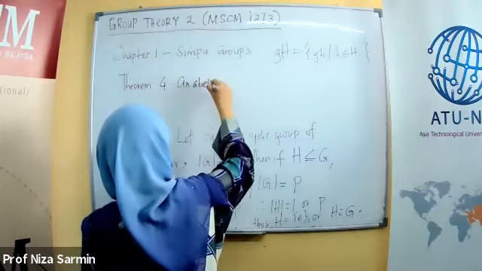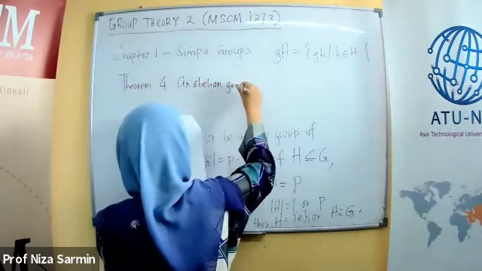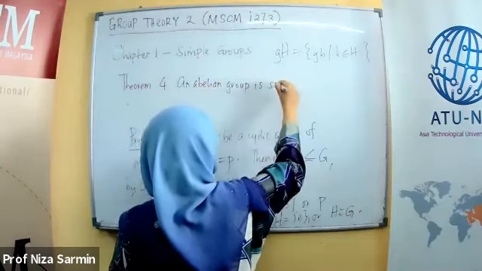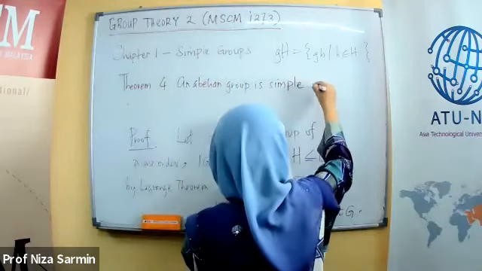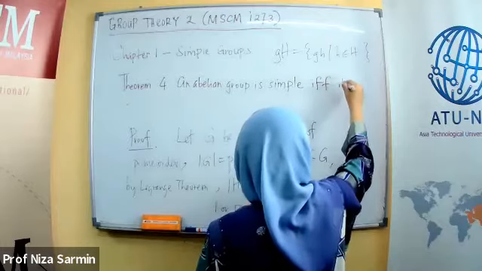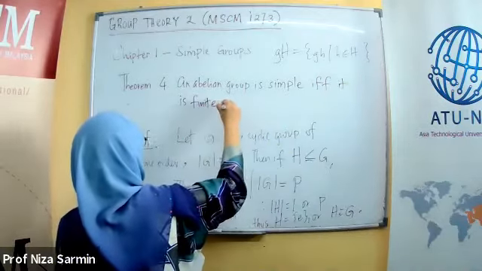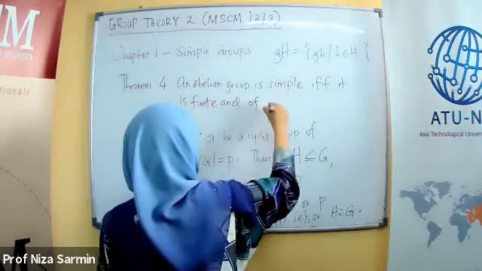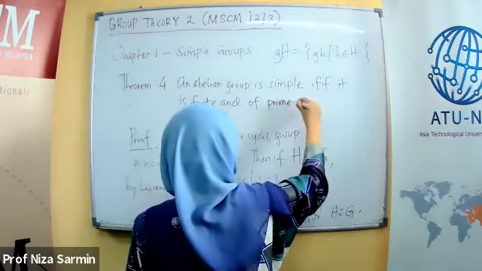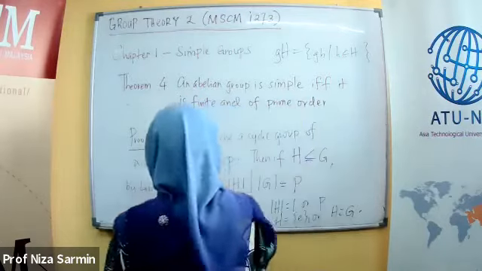An abelian group is simple if and only if it is finite and of prime order.